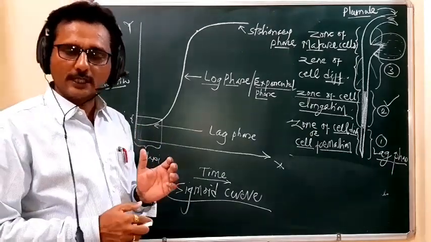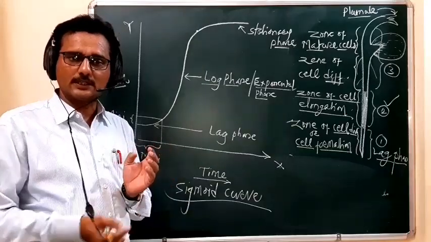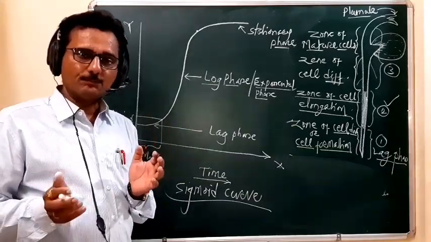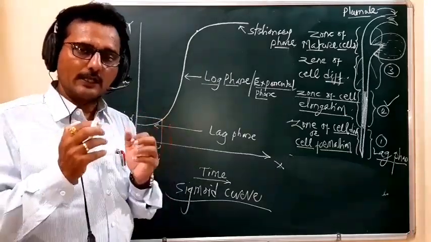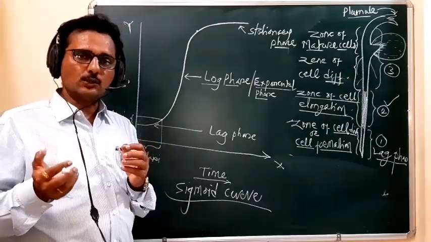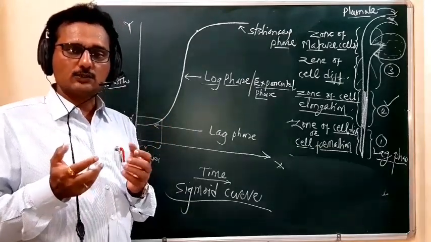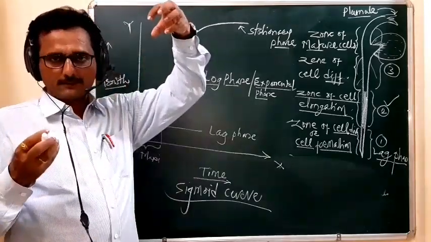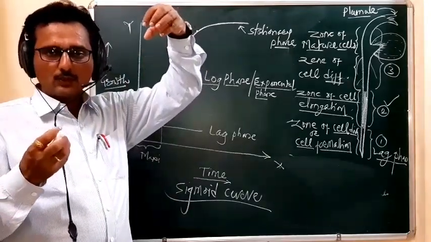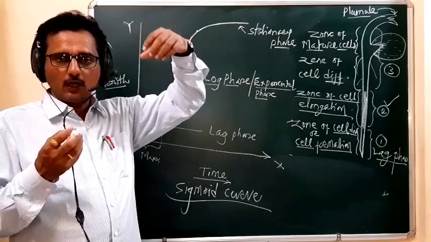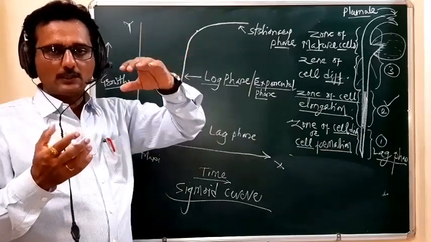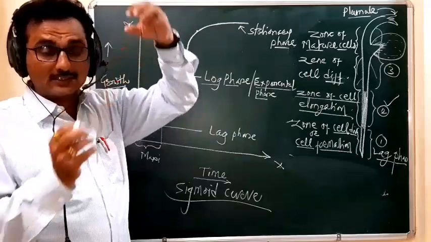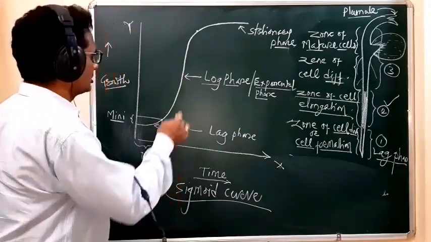The cell shows endosmosis, the cell becomes turgid, and the cell develops a vacuole inside, and there is also an addition of cellulosic material. What happens? The cell gets elongated. Because of the cell elongation at that site, that plant part shows the maximum growth.